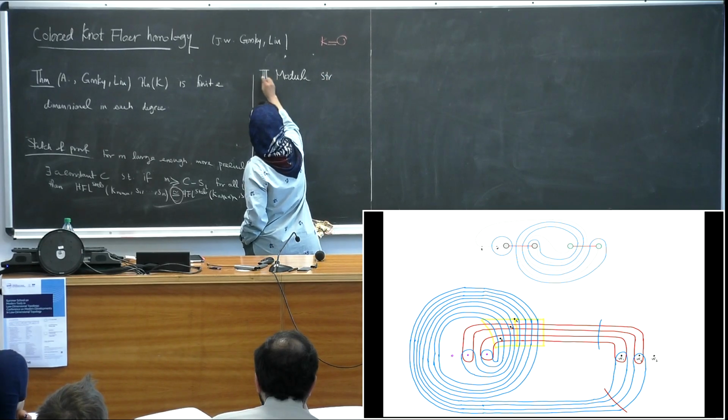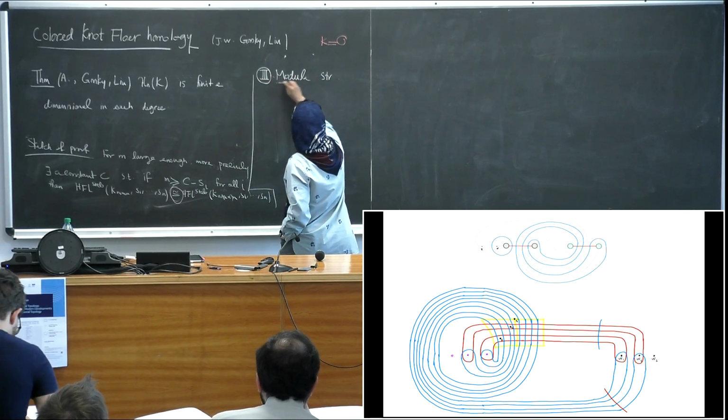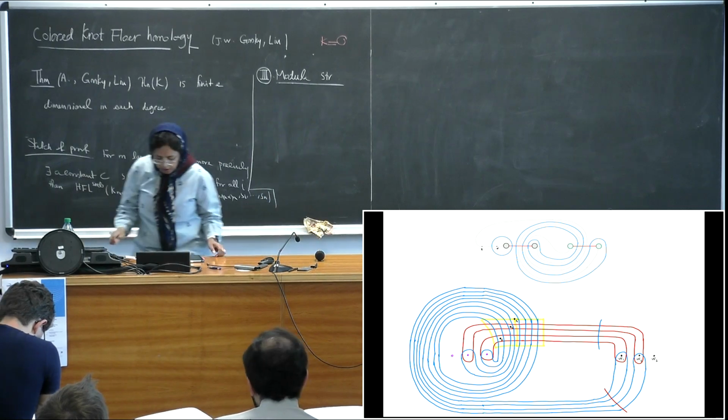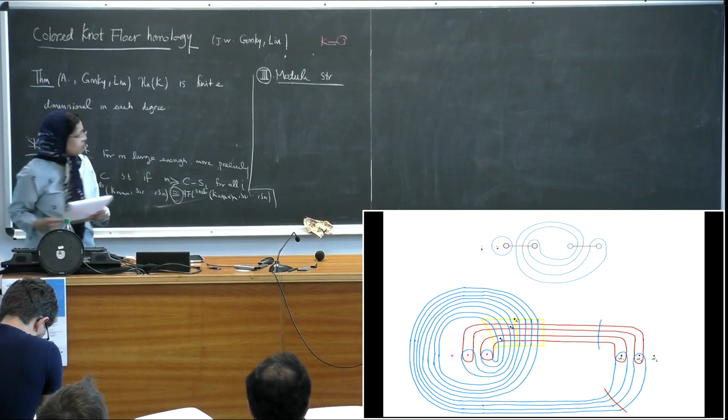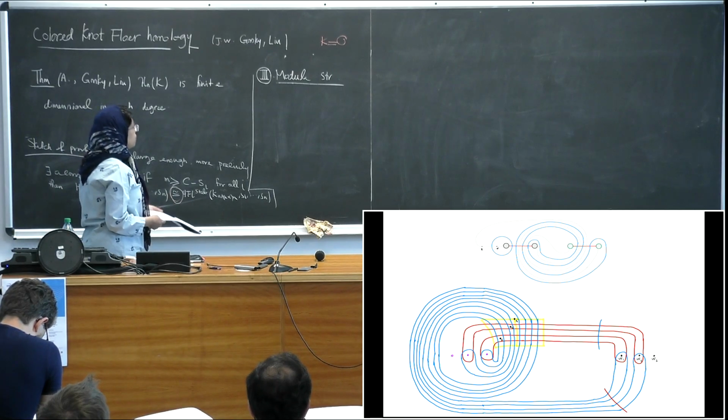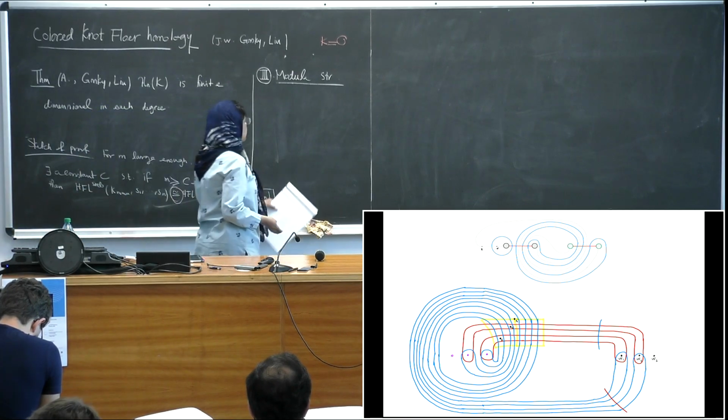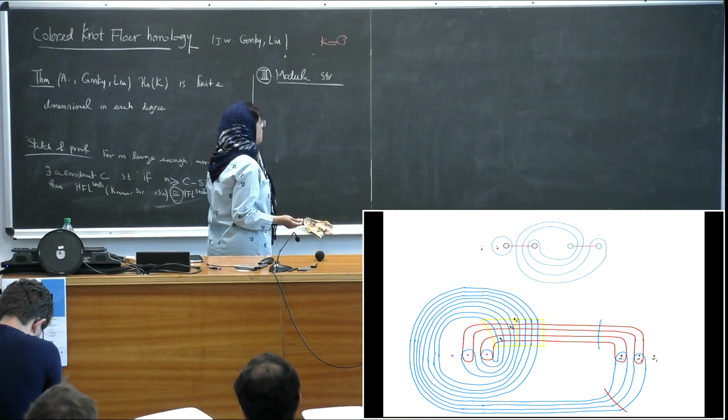Part 3. Okay, module structure. In order to describe that, I need to tell you a little bit about properties of these cobordism maps.